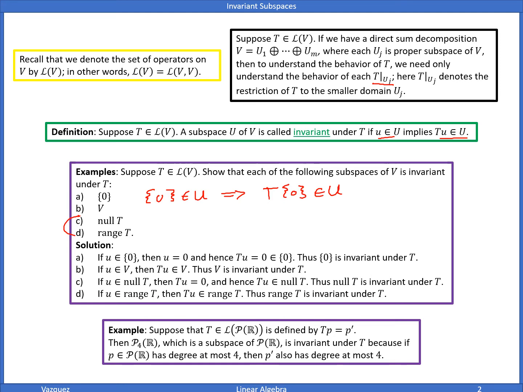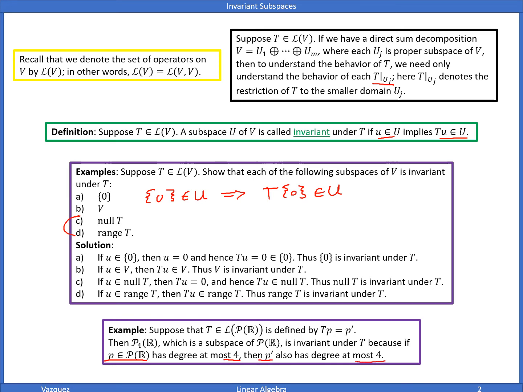So in this case, P sub 4 of R, the vector space of polynomials with degree at most 4, which is a subspace of the set of all polynomials, is invariant under T because, why? Well, because if P is a polynomial that has at most degree 4, then its derivative also has at most degree 4, right?